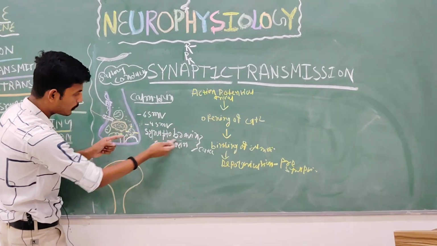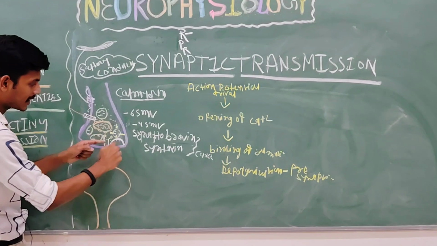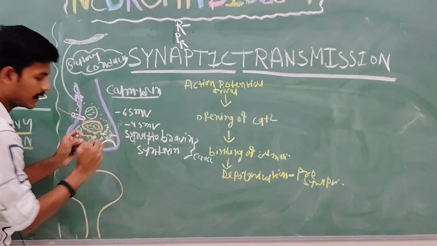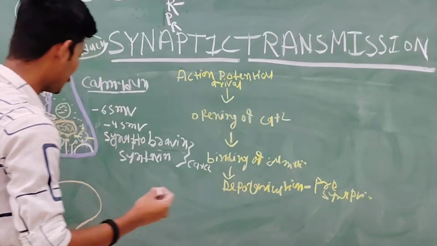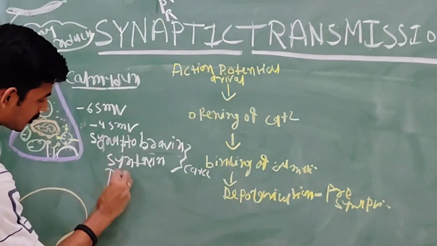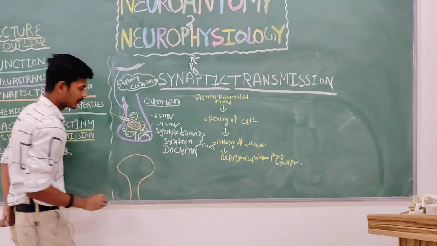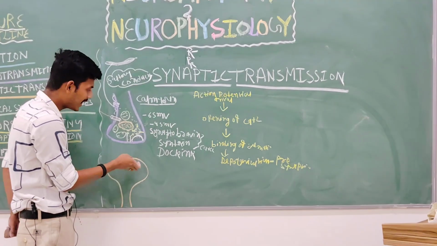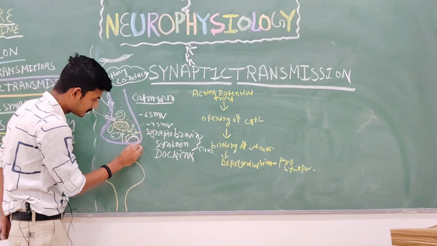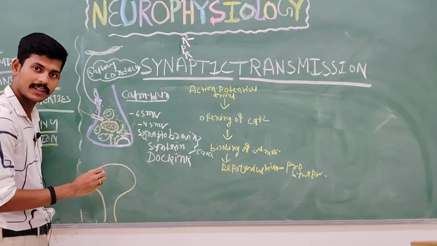Meanwhile this synaptobrevin will attach with these vesicles, and there will be docking. That's an amazing term; I also did not know this term previously. That's called the docking process. Docking means attachment, and this is the docking site.